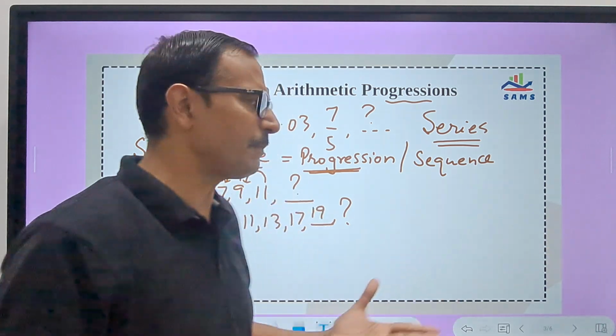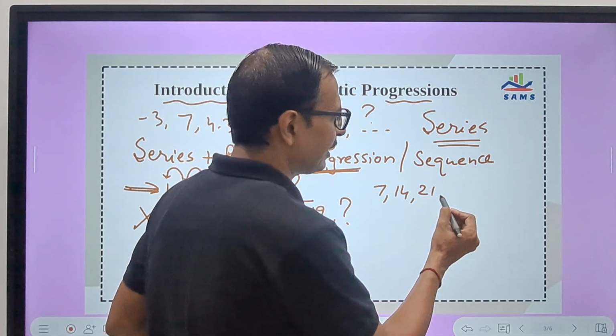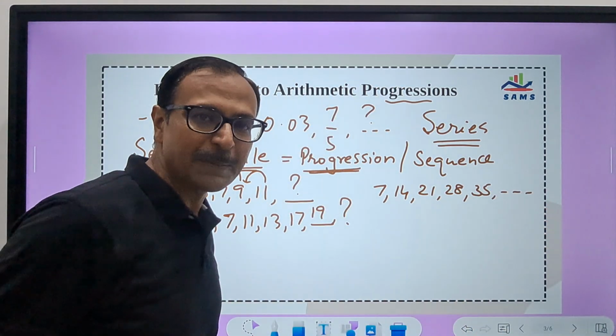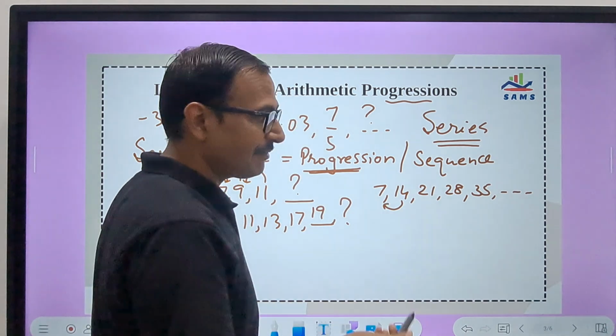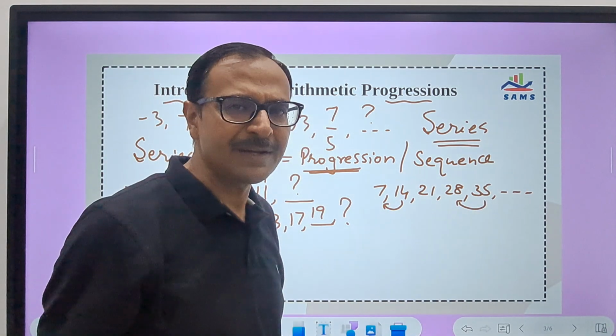We can have so many examples, like all the multiples of say 7: 14, 21, 28, 35 and so on. Isn't it an arithmetic progression? It is, because 14 minus 7 is 7. Likewise, you pick up here 35 minus 28, it is again 7.